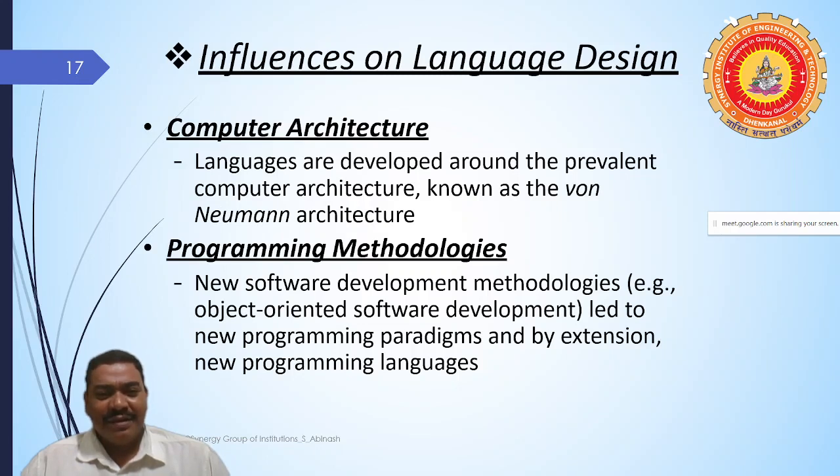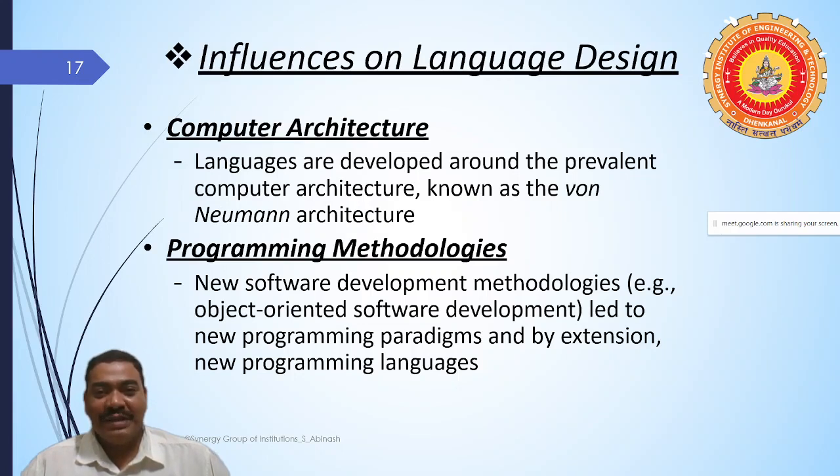That's why assembly languages were created. Assembly languages are suitable, but when program complexity increases, it is very difficult to write programs using assembly languages. So high-level programming languages like Fortran, Pascal, COBOL, and C were developed. These are the influences on language design.